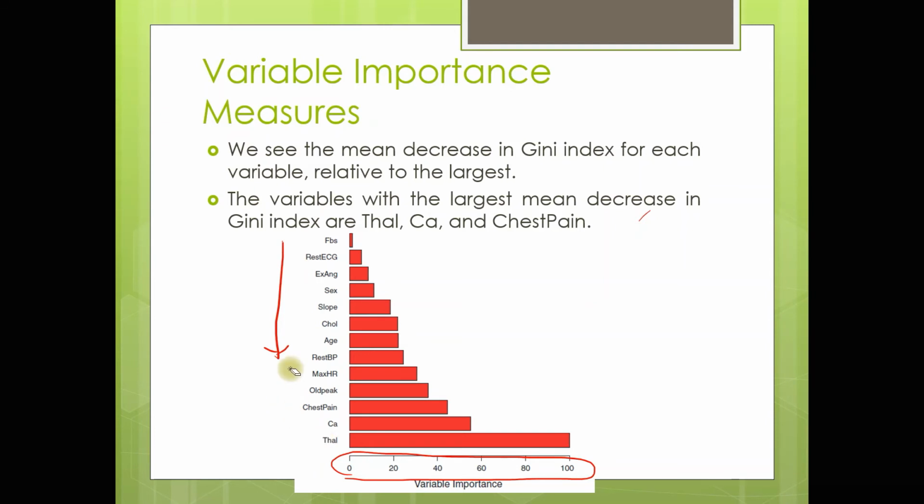But it's not always the case. It depends on the software. So in the end, just look at the mean decrease in Gini index, or just look at the mean decrease in the residual sum of squares. Here you get an example of the variable importance. This is the most important one, and it goes on like this.